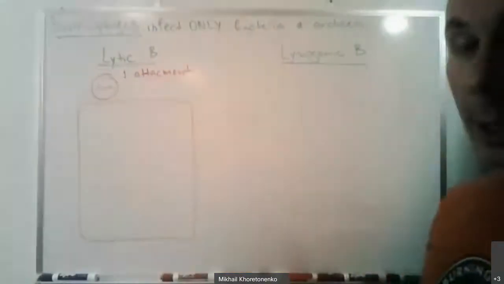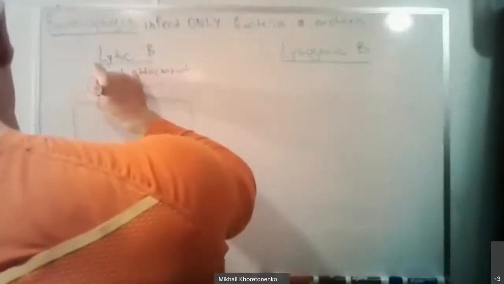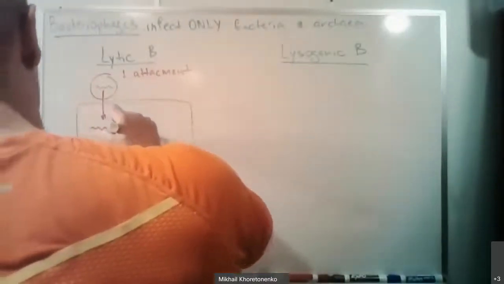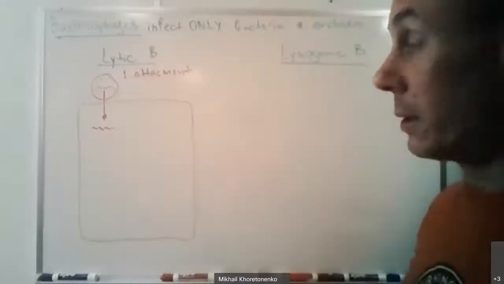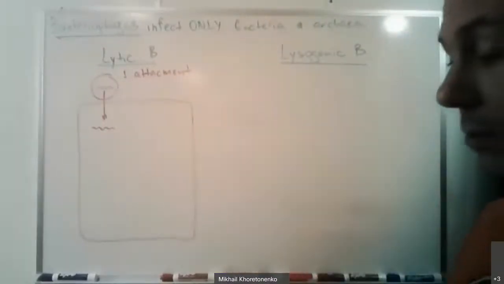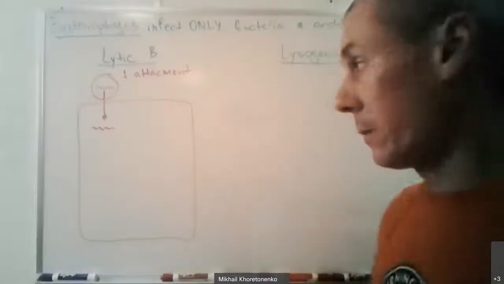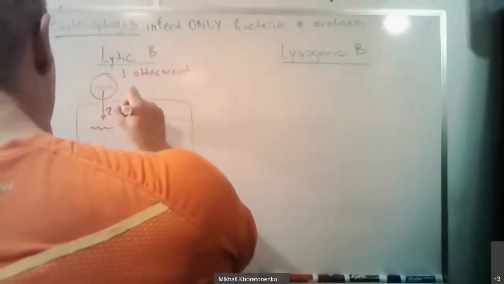And then it injects its genome into the cell. This process of injection, and I want to focus your attention on the genome. Capsid does not get into the cell, okay? Only genome. So that is penetration.